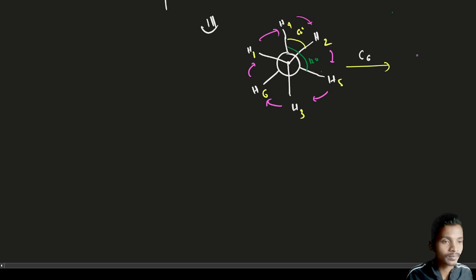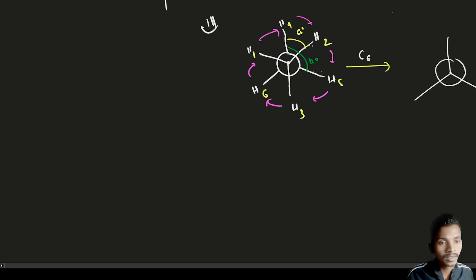S6. H1 will go here, see. The back side, the inverted Y, will become a straight Y, and the front straight Y will become an inverted Y, because this is going here and this is going here. It will become like this.